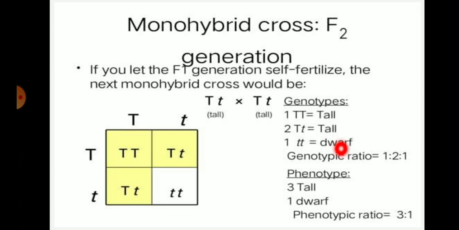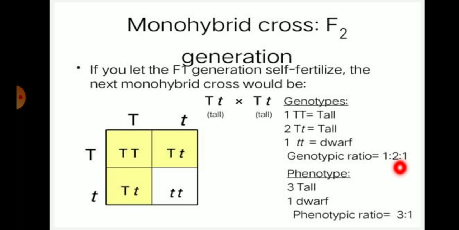So the genotypic ratio is 1 to 2 to 1. One plant is tall with the homozygous dominant allele, capital T capital T, where two plants have the genotype capital T small t, one dominant allele and one recessive allele, so the dominant allele hides the expression of the recessive gene.